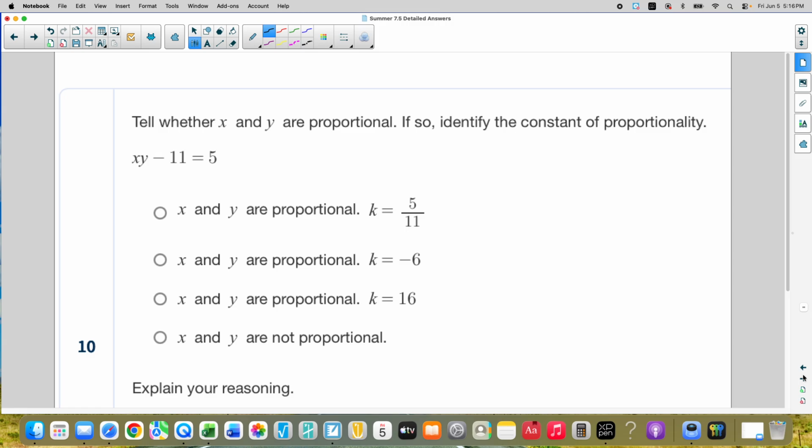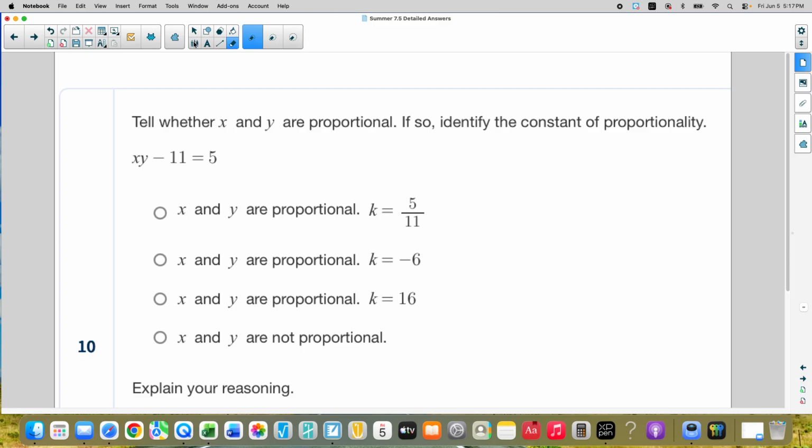Tell whether x and y are proportional. If so, identify the constant of proportionality. X and y are proportional, and my k value. Okay. Well, let's move to the 11.